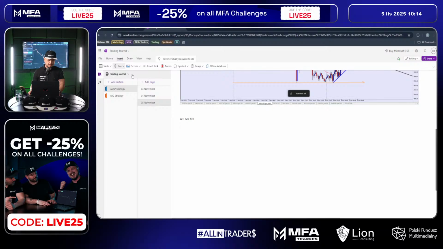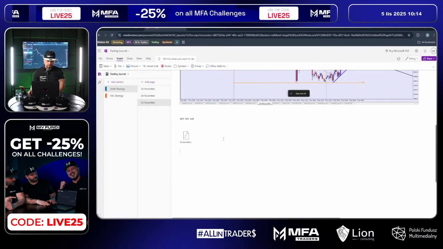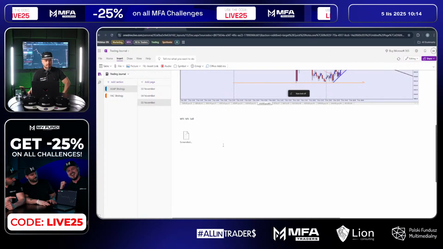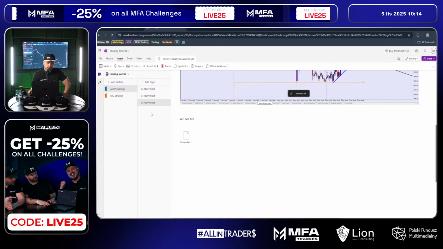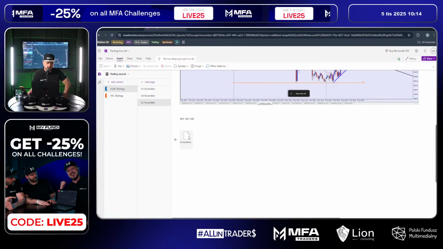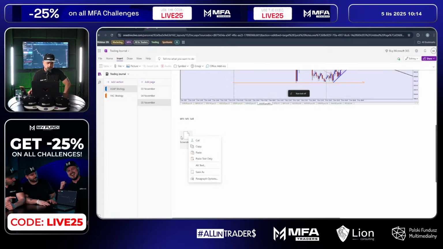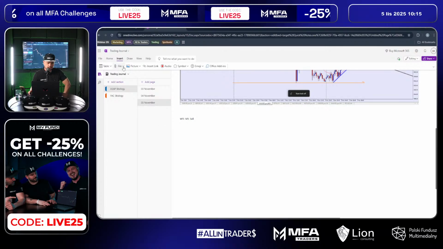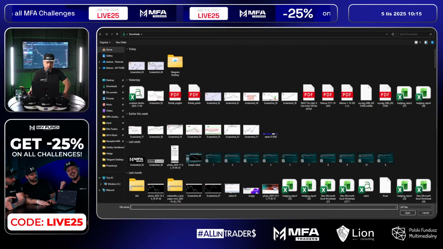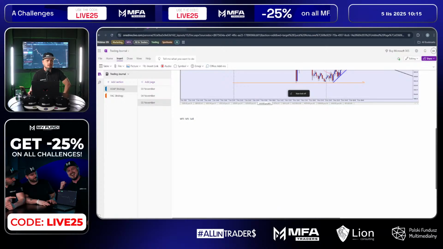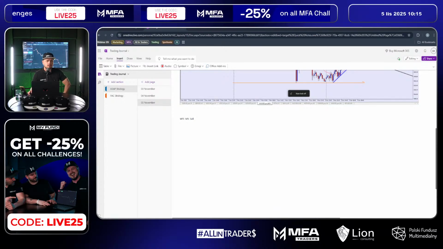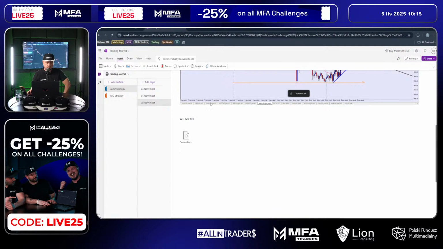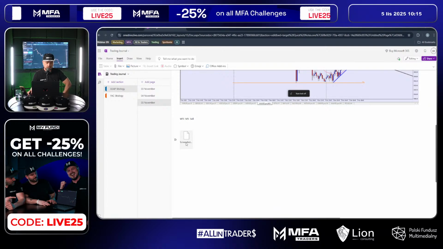Draw, insert, file, attachment. What's this? Not sure why I cannot load it.